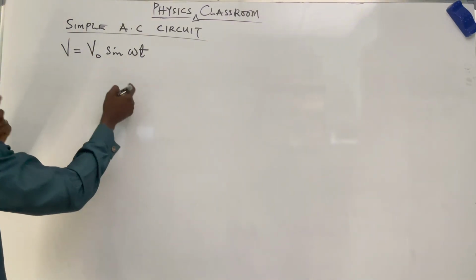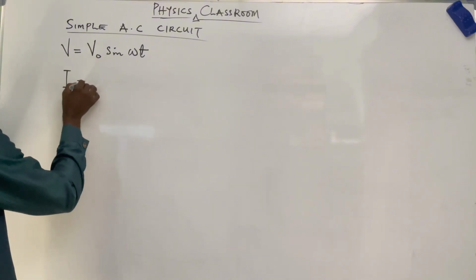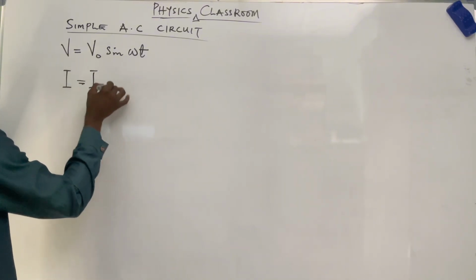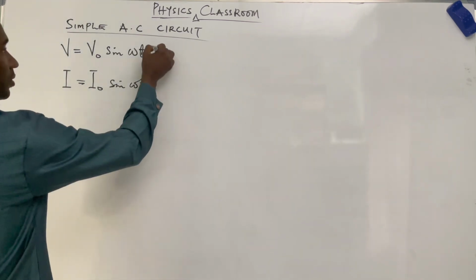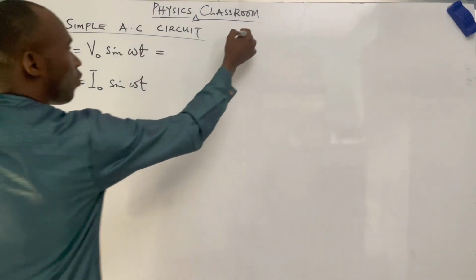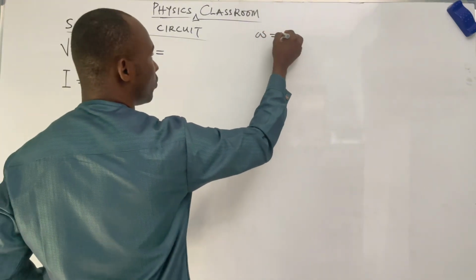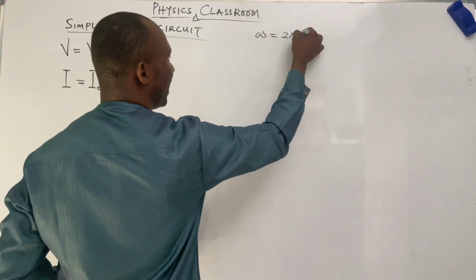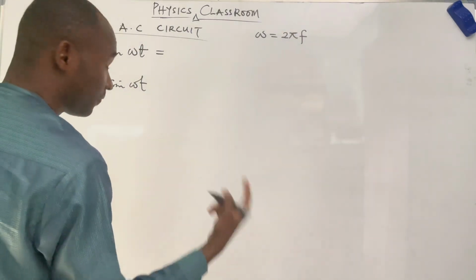In terms of the current, we can say it's equal to peak current times sine omega t as well. And we know that omega, which is angular velocity, is equal to 2 pi f, 2 pi times the frequency, oscillating frequency.